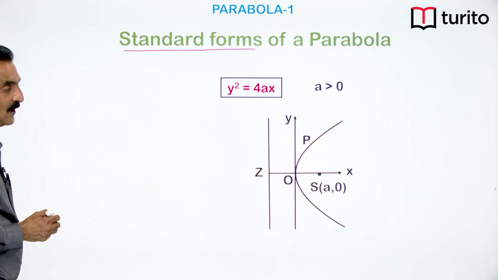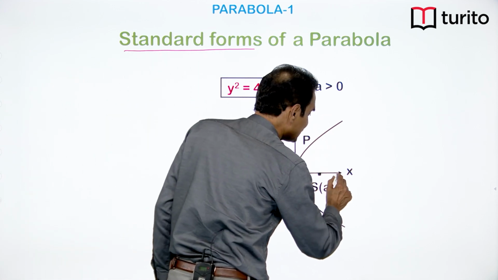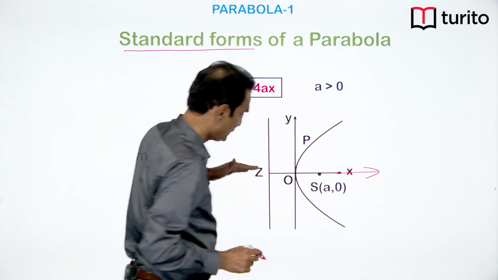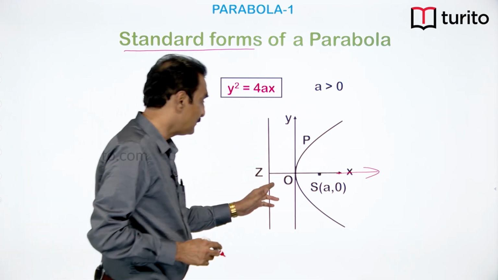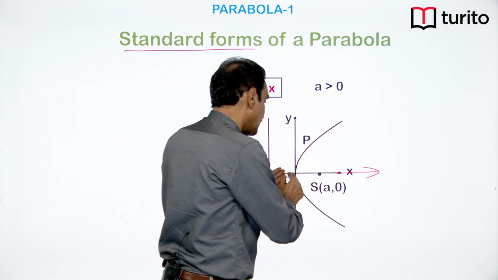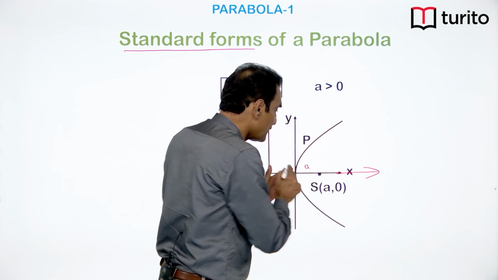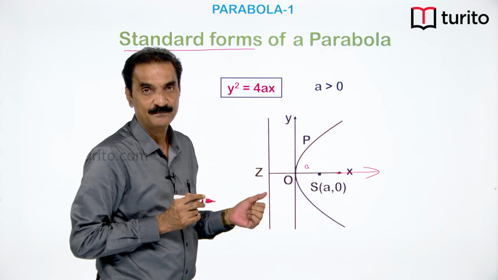In this standard form, we take x axis as axis of the parabola. This is x axis, and we take origin as vertex and focus at a distance small a from the origin, from the vertex.